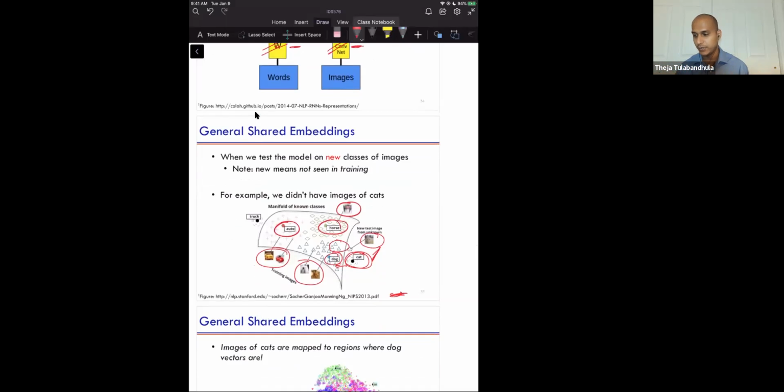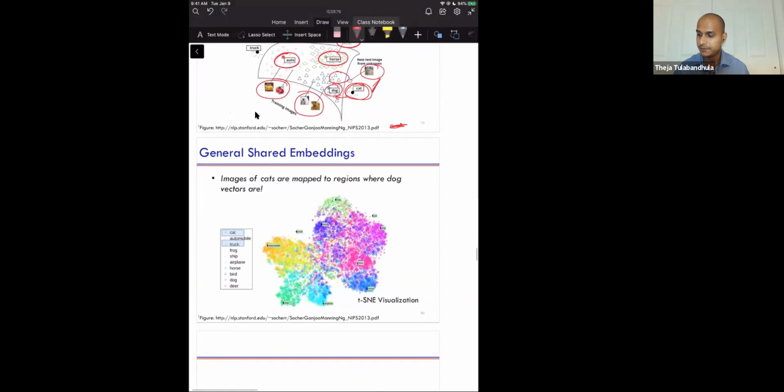You can do bilingual embeddings or general shared embeddings and so on. For example, in this figure, you're looking at the embeddings of the dog images as well as the dog word, and you can get the cat image embeddings as well as the cat word to fall close to the dogs rather than the other classes.